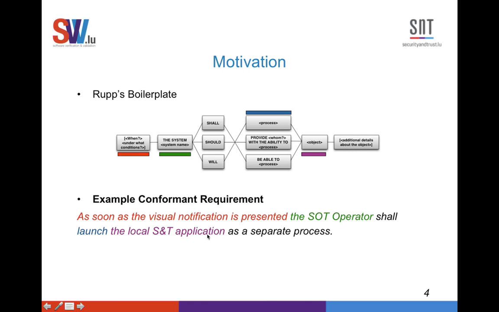The main problem that an automated boilerplate conformance checker must address is to tell the different segments of a requirement statement apart. As you can see over this example, some of the segments are adjoining and come without any fixed elements in between. For example, the tool has to correctly detect the ending of the condition here and the starting of the system slot.